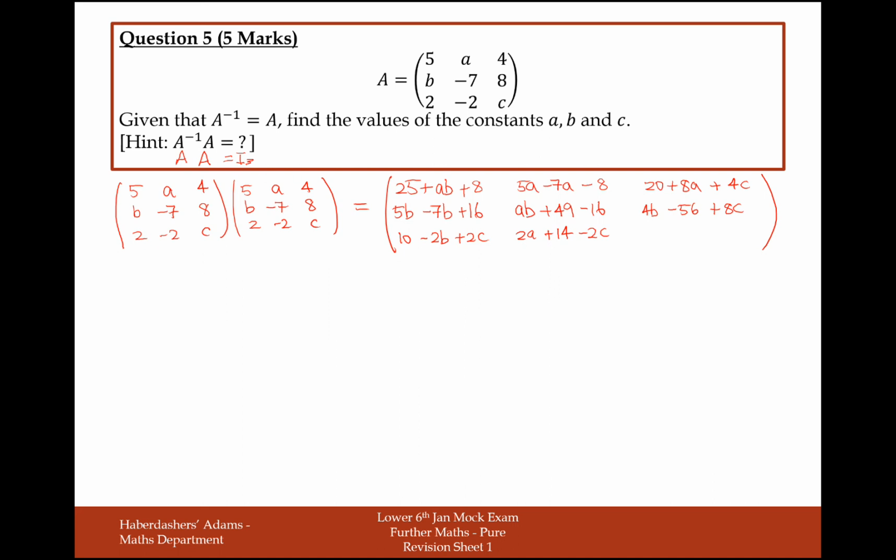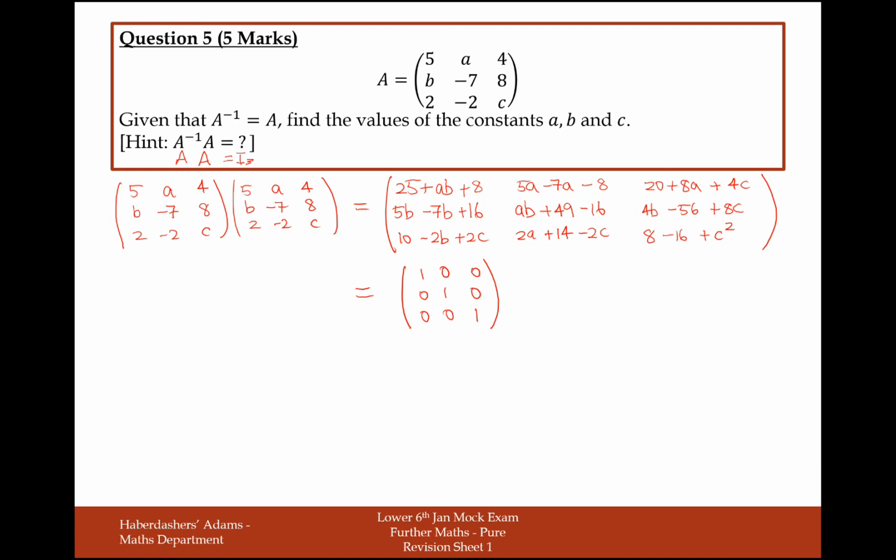The final one, 2 times 4 is 8, minus 2 times 8 is minus 16, and c times c is plus c squared. And what I'm going to be comparing this to, I've multiplied A times A, that's this big matrix here, I'm now going to be comparing it with the I3 matrix, and that goes 1, 0, 0, 0, 1, 0, 0, 0, 1.